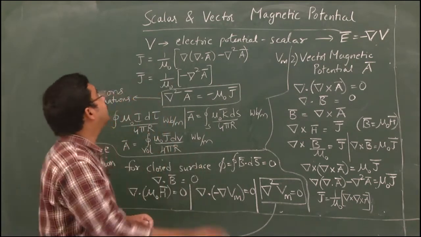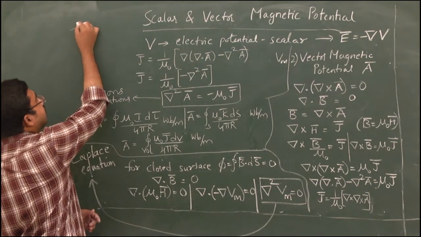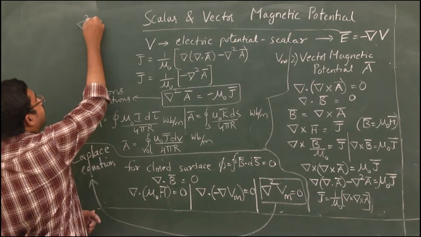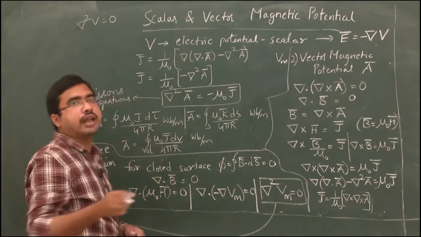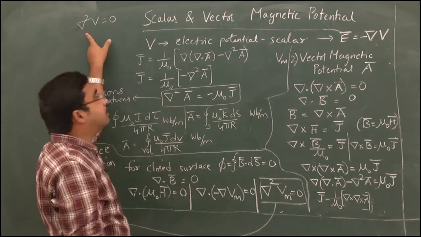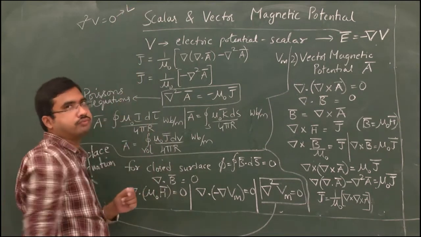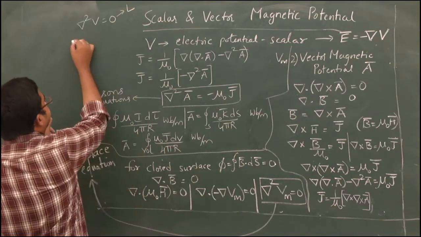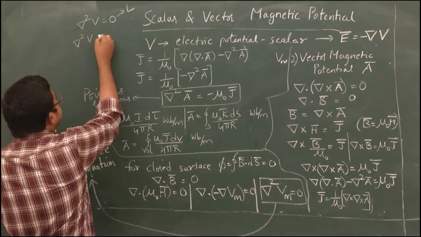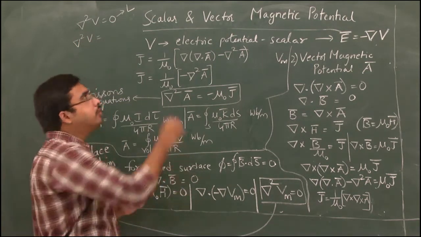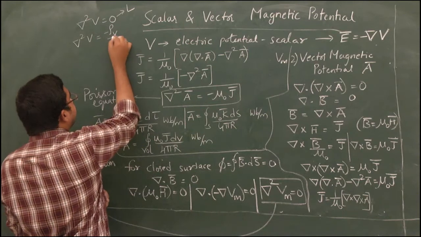For electrostatics, we know that the Laplace equation is del square V is equal to 0. Poisson's equation is del square V equal to minus rho V by epsilon naught.